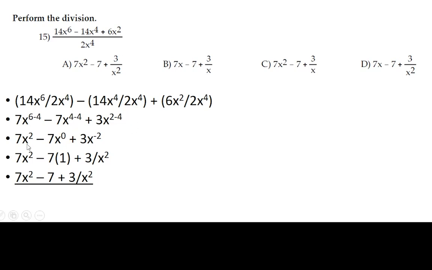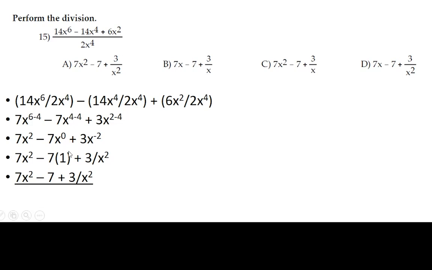Subtracting those exponents gives us 7x squared, 6 minus 4 is 2, minus 7x to the 0, 4 minus 4 is 0, plus 3x to the negative 2, 2 minus 4 is negative 2.